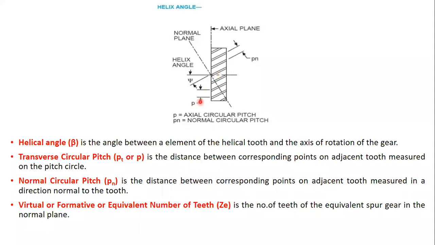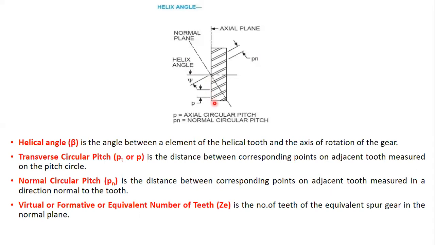And next is P, or it is also denoted by PT, that is the transverse circular pitch. Here you can see that it is the distance between the corresponding points on adjacent teeth, which is measured on the pitch circle.